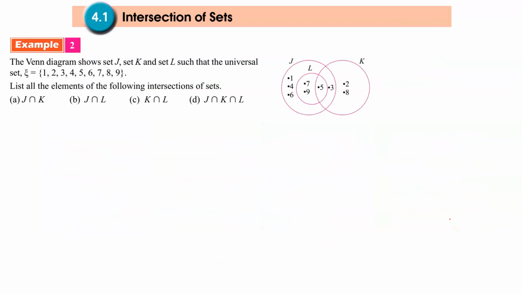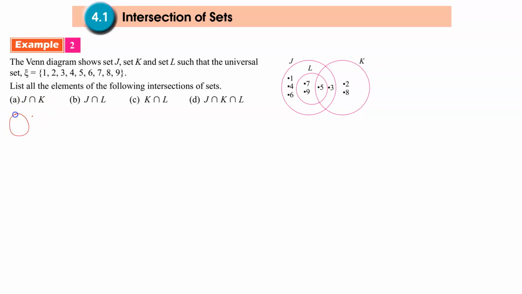So kita tengok example 2. The Venn diagram shows set J, set K and set L such that the universal set is 1, 2, 3 until 9. So kat sini dia dah lukiskan untuk kamu Venn diagram. So daripada Venn diagram yang dia dah lukis ni, for A, J intersect K. Bila kita nak buat J intersect K, abaikan L. Anggap L tak ada.